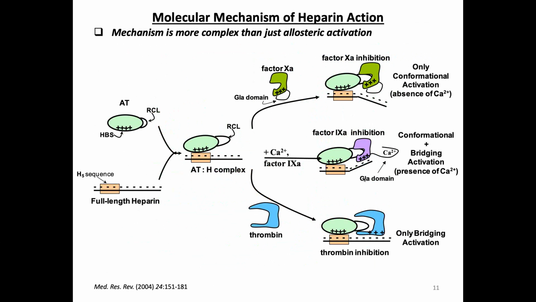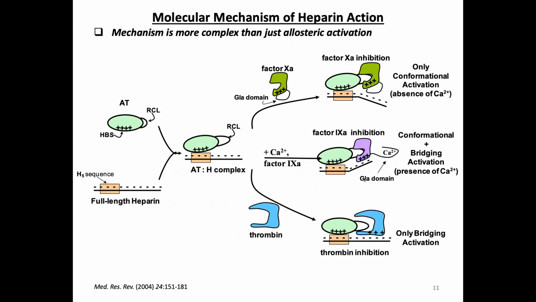Now this conformational change is better recognized by factor 10A, and antithrombin reacts with factor 10A and inhibits it. However, for thrombin, the conformational change is not that critical because the active site of thrombin is much bigger than the active site of factor 10A.